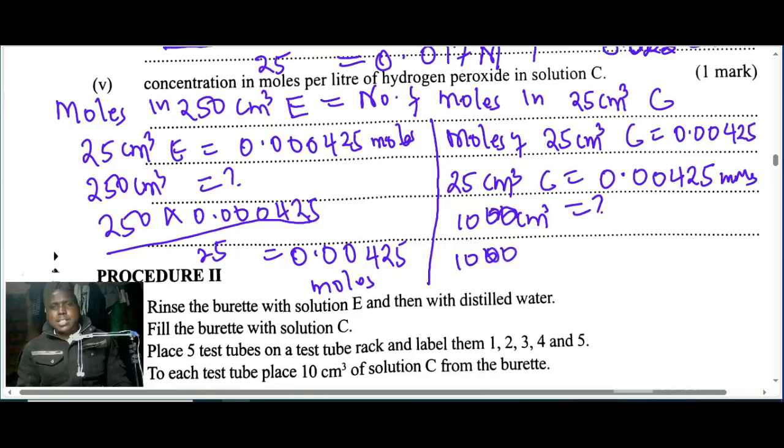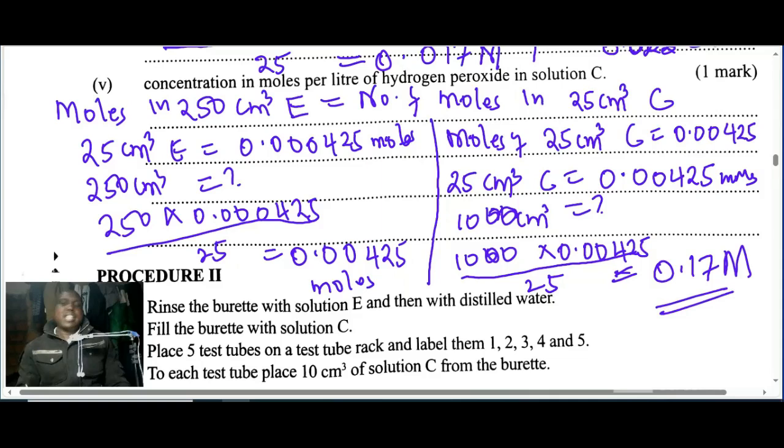So it is 1000 times 0.0425, we divide by 25. So the original solution C, hydrogen peroxide, had 0.17 capital M, that was its molality.